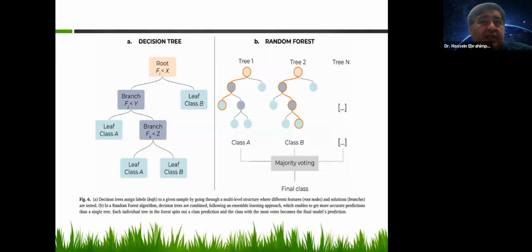Instead, you have to improve each of these classifiers, or we call them learners, to get accuracy of more than 50%. If they get more than 50%, then you can improve the results by the majority voting.